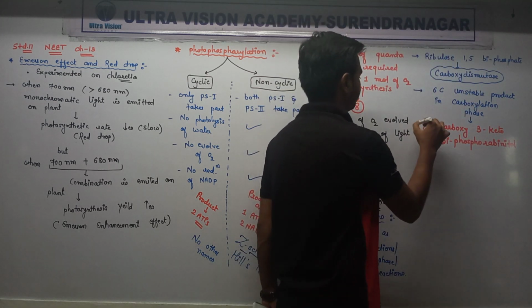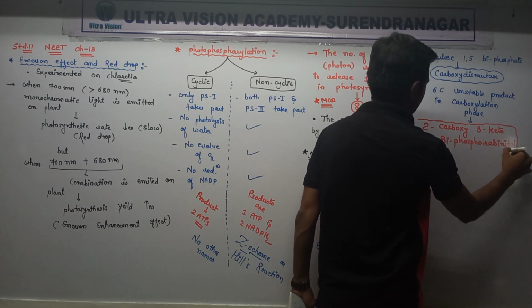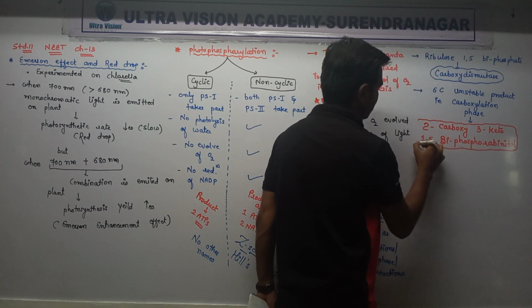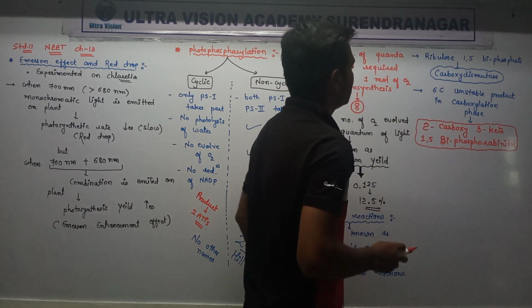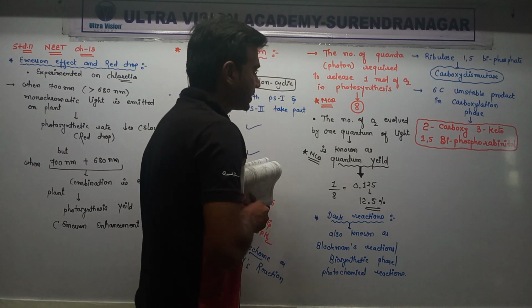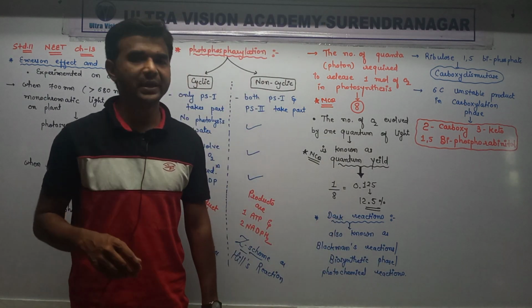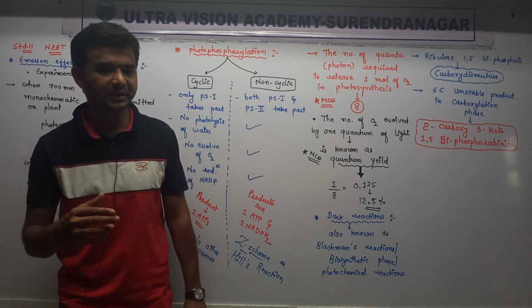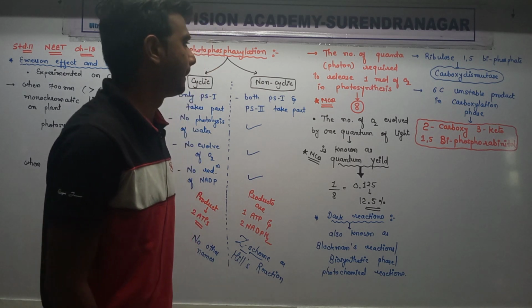Fine. So now this 2-carboxy 3-keto 1,5-biphosphoarabinitol, the 6 carbon unstable product, undergoes the division phase and then forms 2 molecules of PGA.